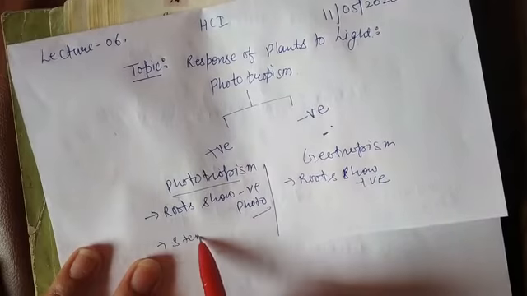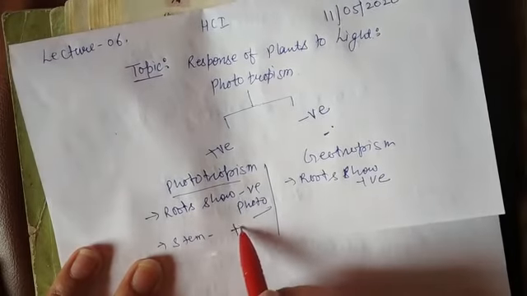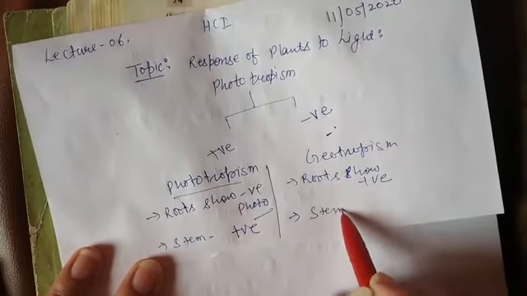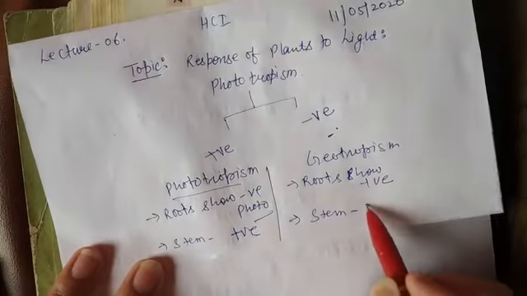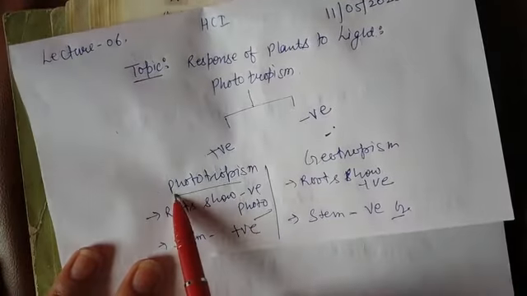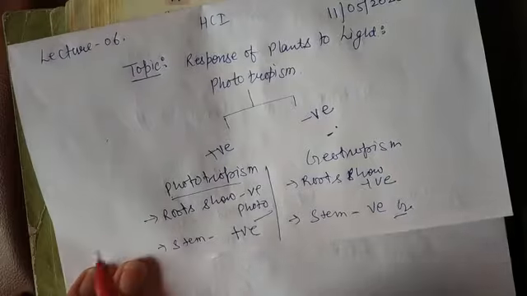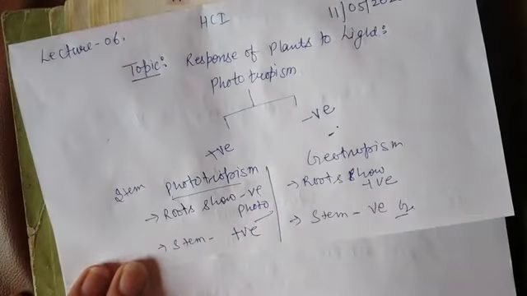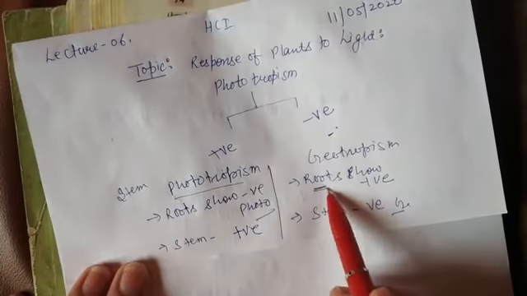Stem shows positive phototropism and stem shows negative geotropism. So phototropism is mainly shown by the stem and geotropism is mainly shown by the roots of the plant.